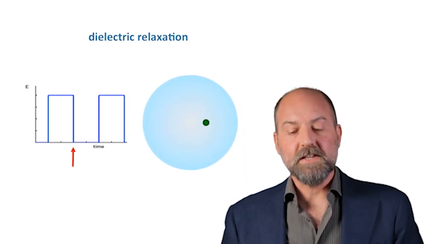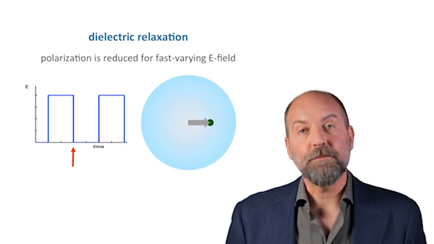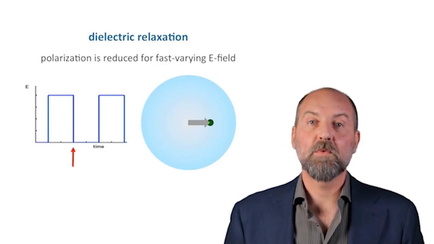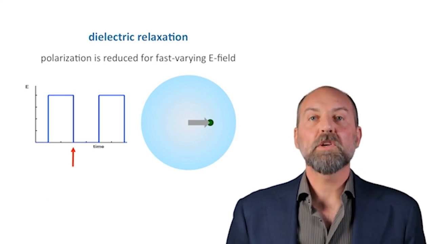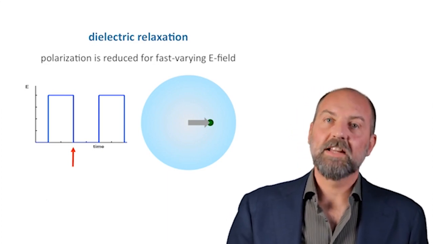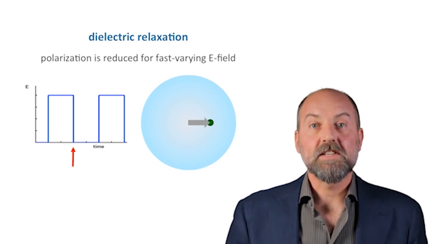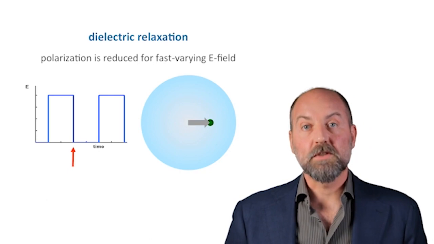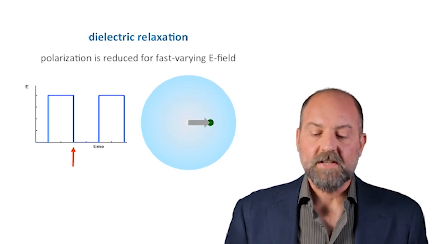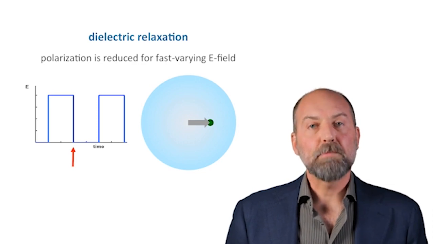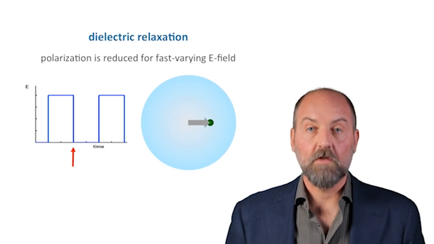So the maximum amount of polarization here is less than we observed before, simply because the electric field stimulating our system did not give it enough time to polarize to the full extent. So the message here is that the amount of polarization depends strongly on the frequency of the applied electric field.